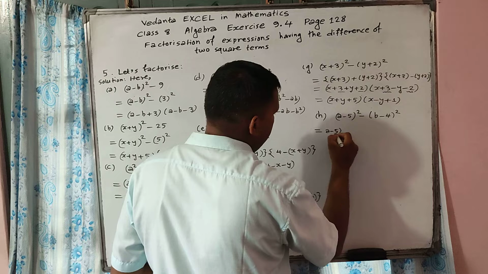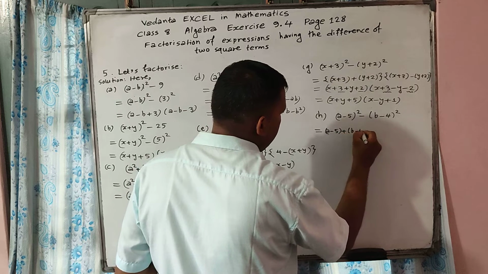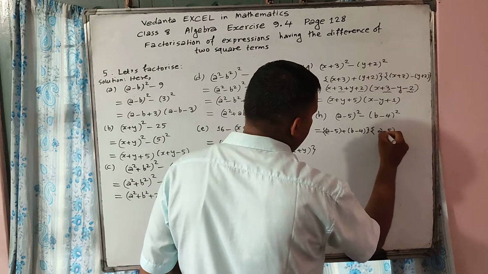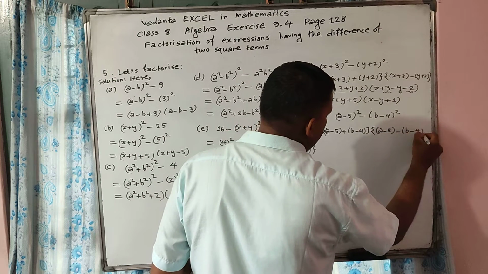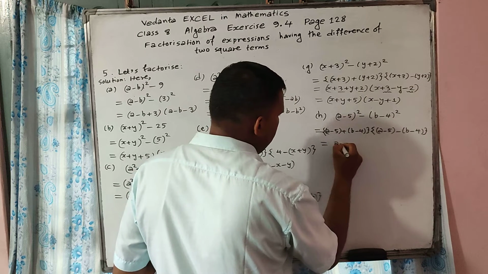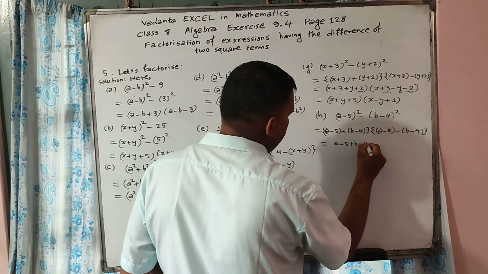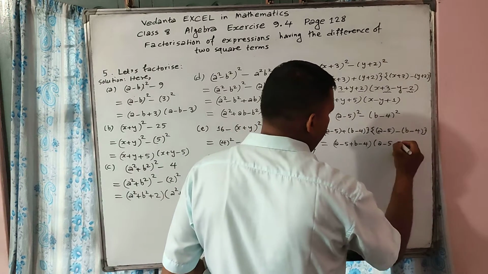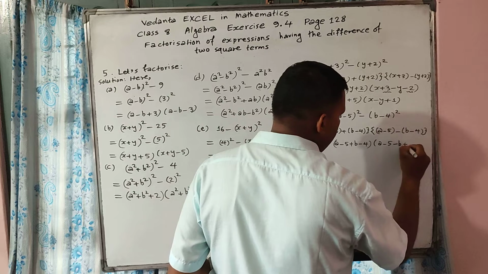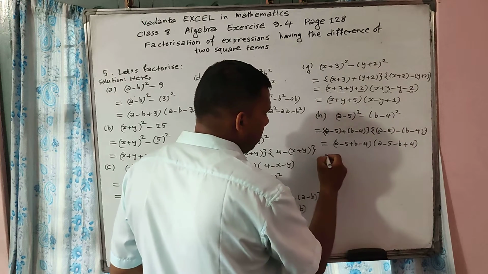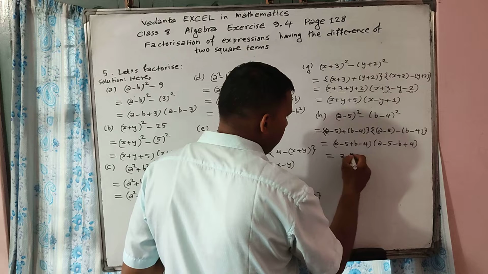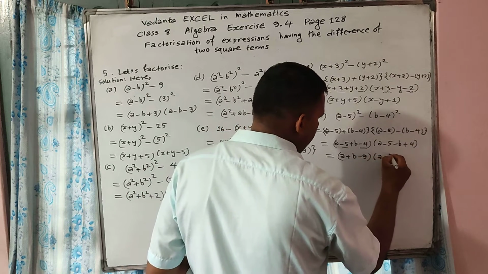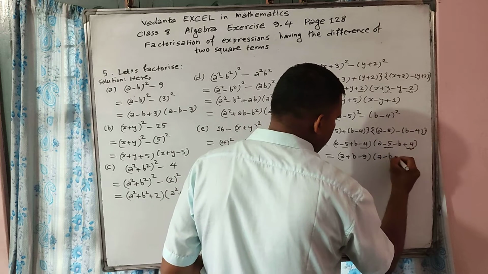This is equal to (a plus b minus 5 minus 4, that is minus 9) into (a minus b minus 5 plus 4, that is minus 1).